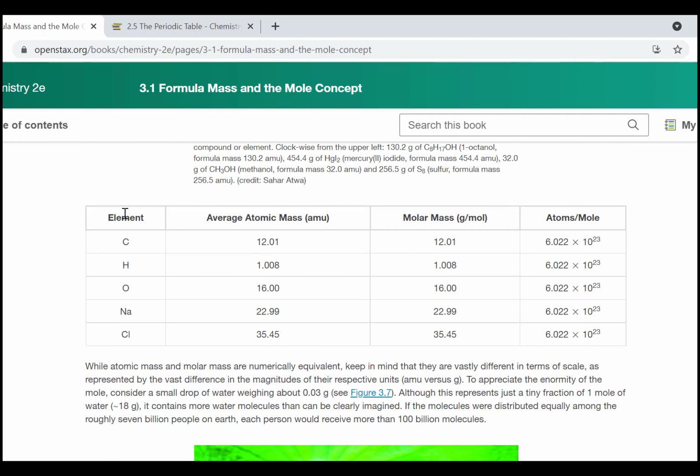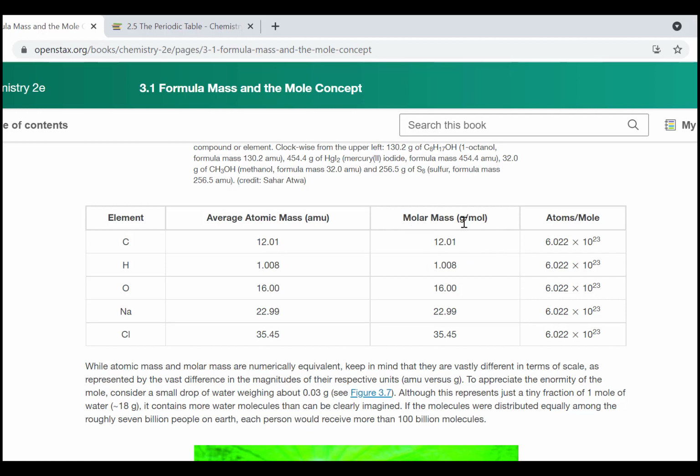Here we're showing in a table kind of a summary of some of these ideas. So we have an element, we have the average atomic mass of that element in AMU. Okay, so if we have one element, on average, this would be its mass. Of course, with the isotopes, you're going to have different specific atoms.